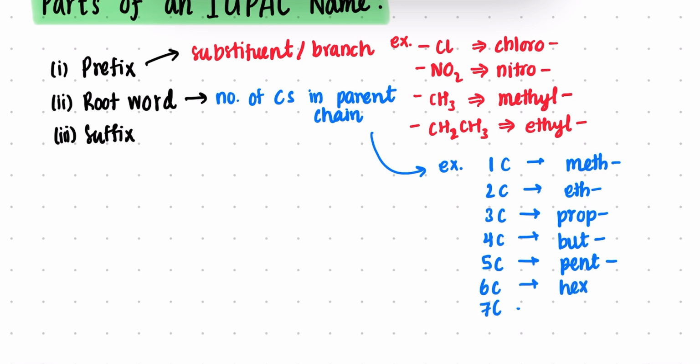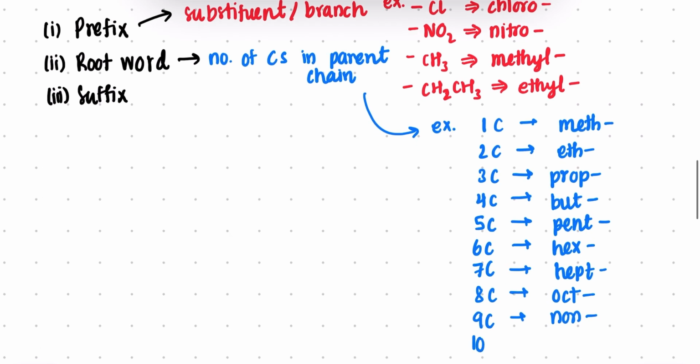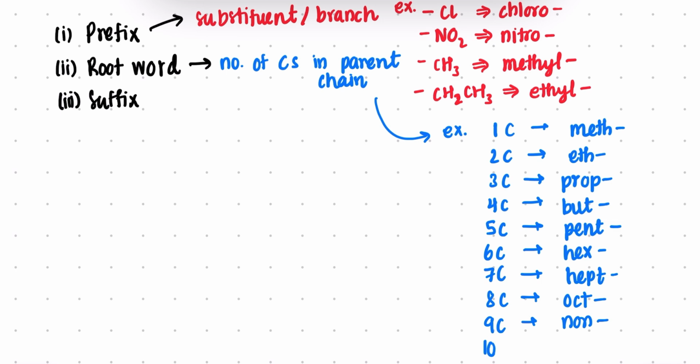Seven carbons is hept. Eight carbons is oct. Nine carbons is non. And ten carbons is dec.